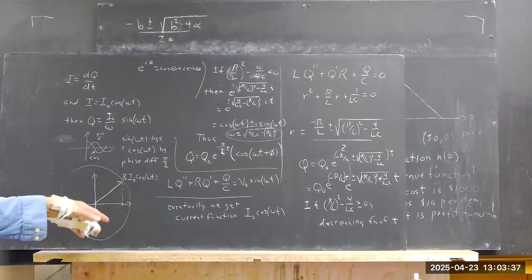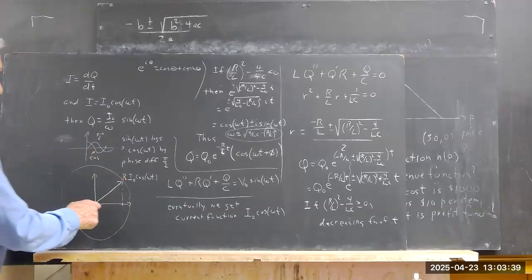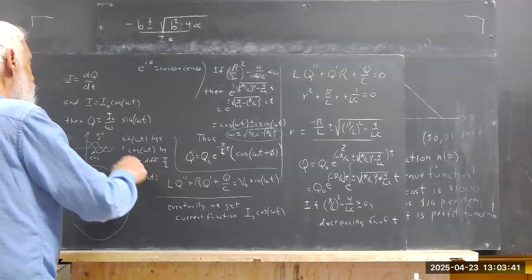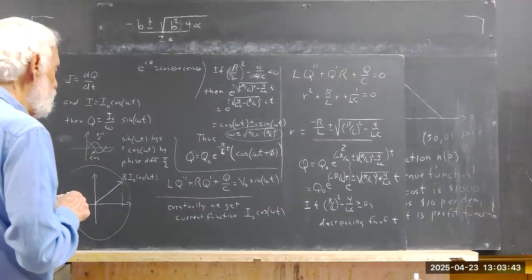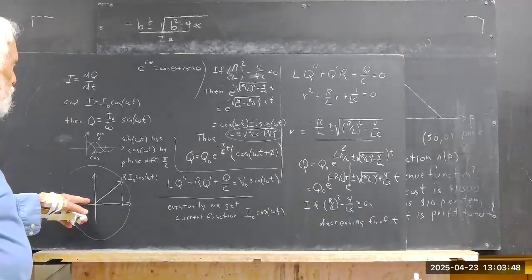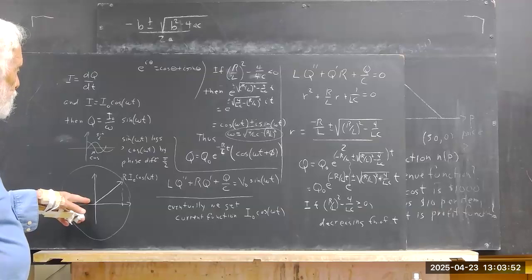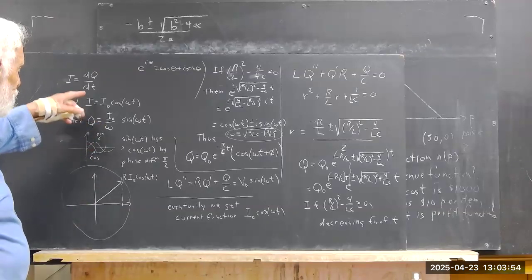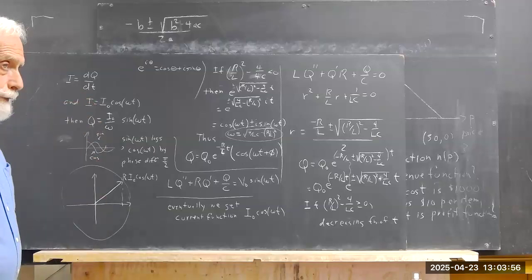Here's your phase diagram. It tells us that q is going to be behind by pi over 2.